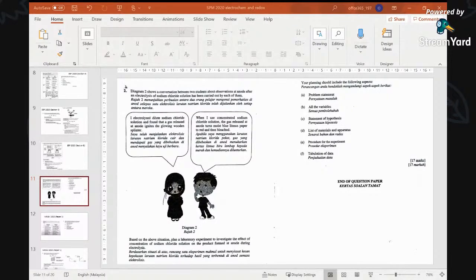Teacher, for example, the titration method. HCl is a strong acid, 25 cm³, and your concentration is 0.1 mol per dm³, and it is replaced with ethanoic acid, which is a weak acid. What is the prediction of the volume of ethanoic acid needed?